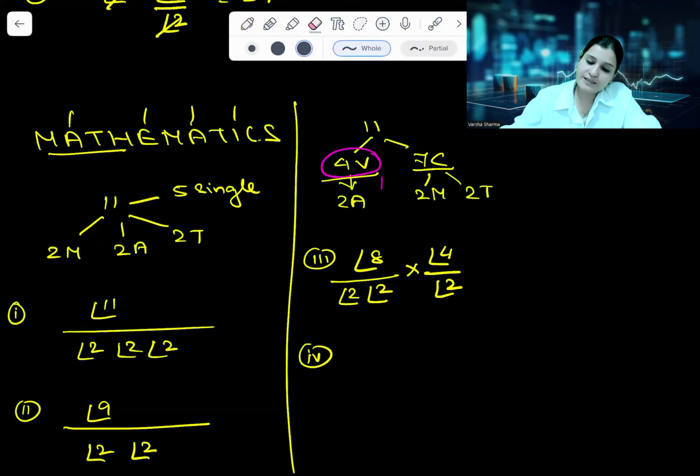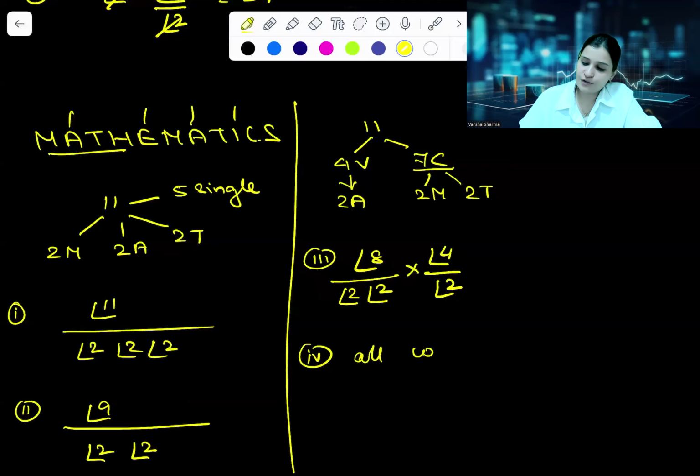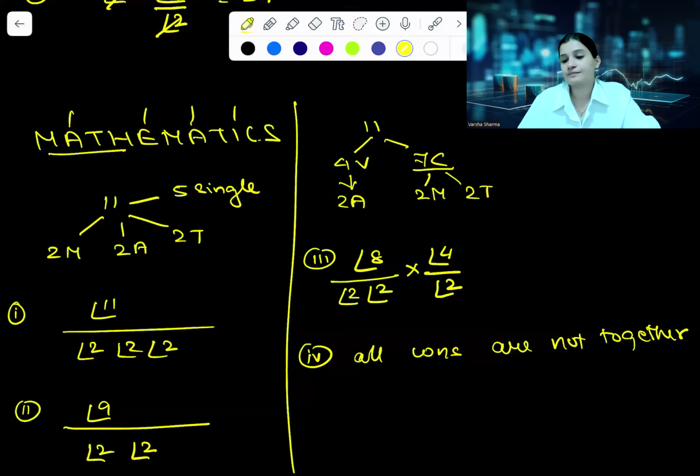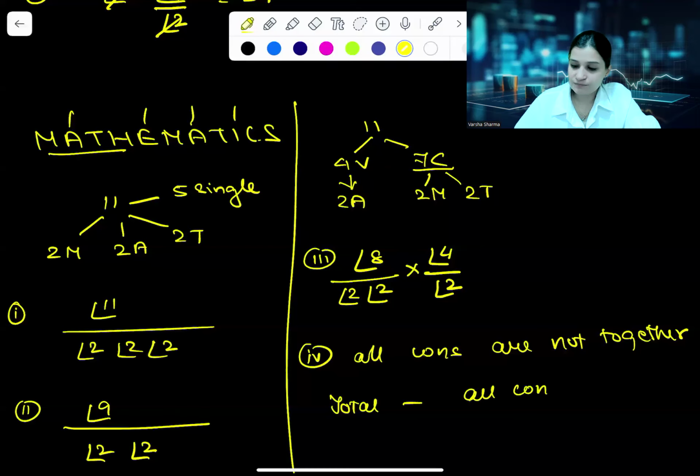All the consonants are not together. Total minus all consonants together.